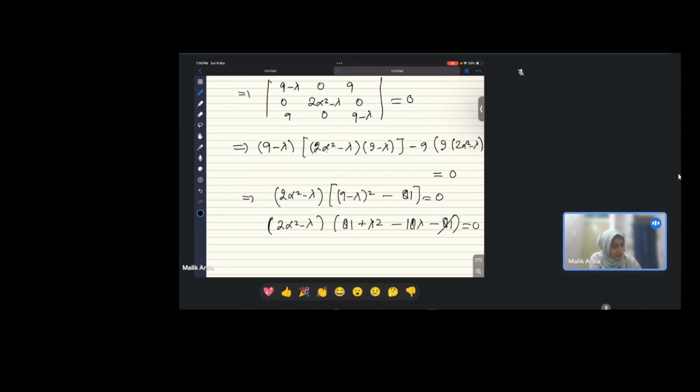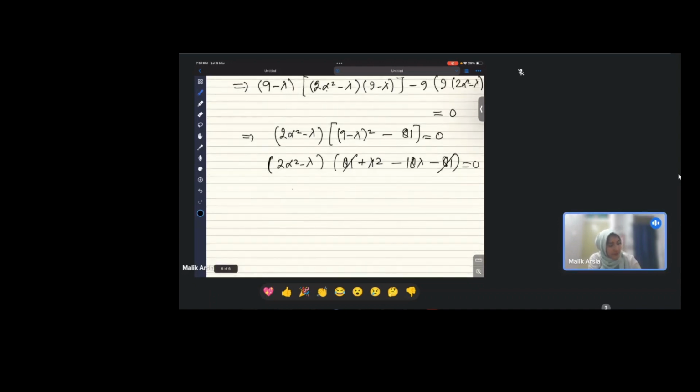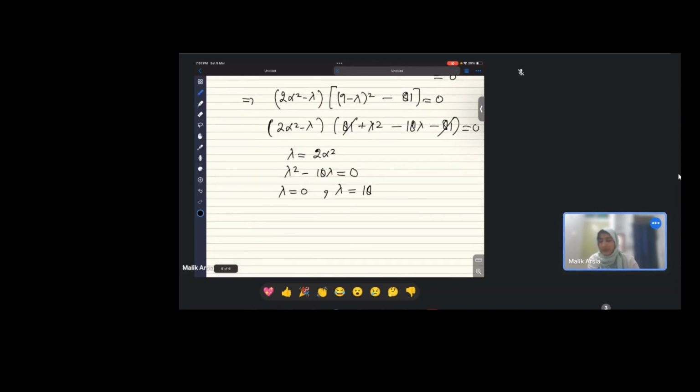So this 81 and 81 will go. So from here, lambda is either 2 alpha square, and from this, lambda square minus 18 lambda equal to 0 implies either lambda is equal to 0 or lambda is equal to 18.